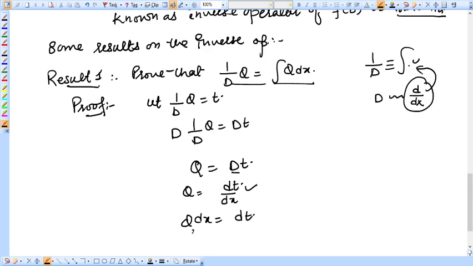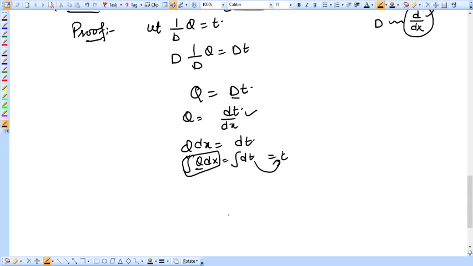Now integration. When we integrate both sides, we get dt integrating to t, and we don't know what Q is, so it remains unchanged. So this implies t is equal to the integration of Q dx.